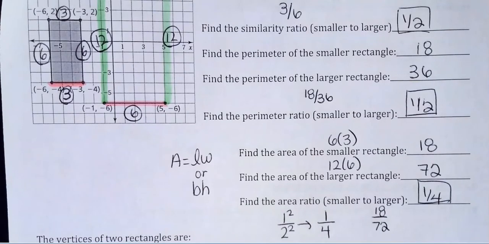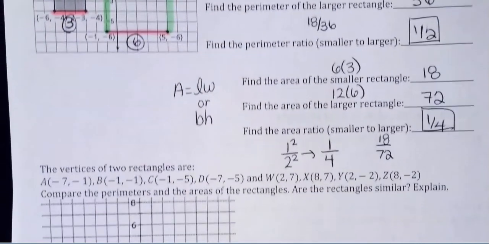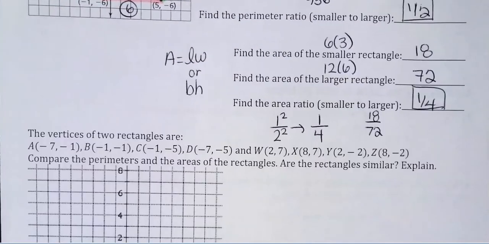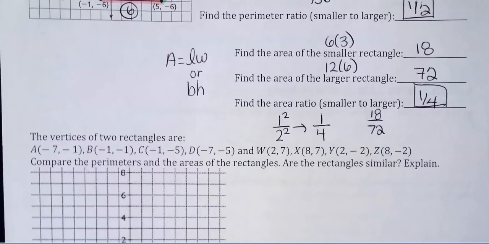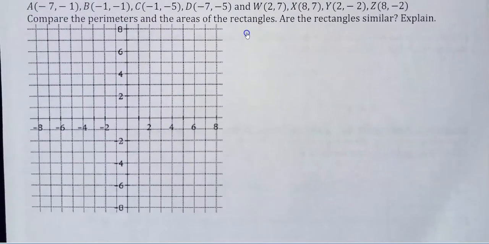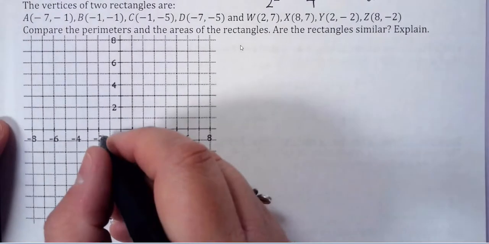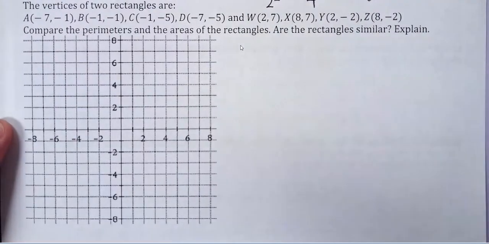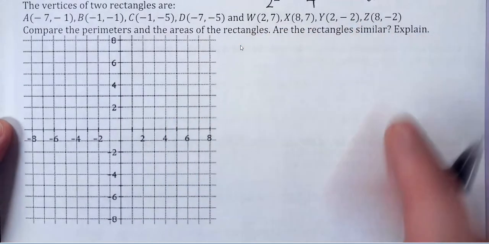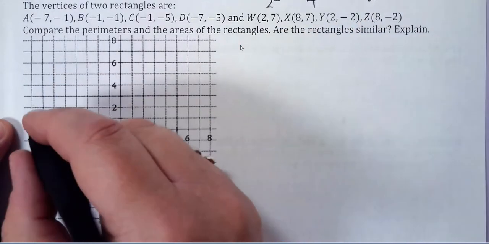Okay, now I told you we were going to create similar rectangles here. I'm going to have you draw a couple rectangles, and then we'll see if we can determine if they're similar or not. So just take a couple seconds. We're going to graph these points, just like ABCD is a rectangle, and then WXYZ is a rectangle. We're going to put them in the coordinate plane here.